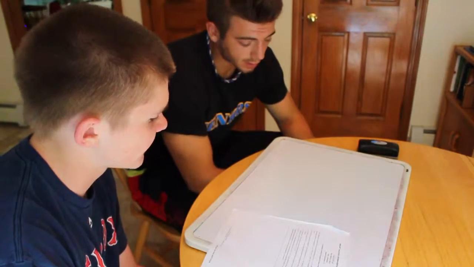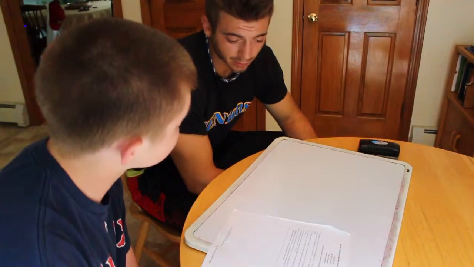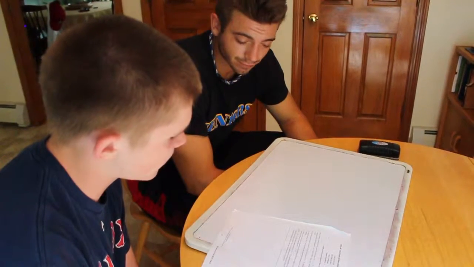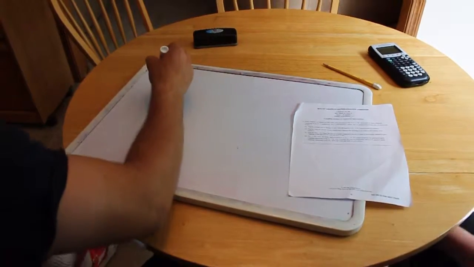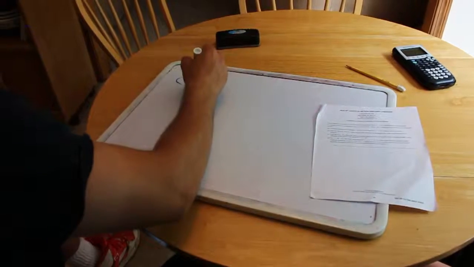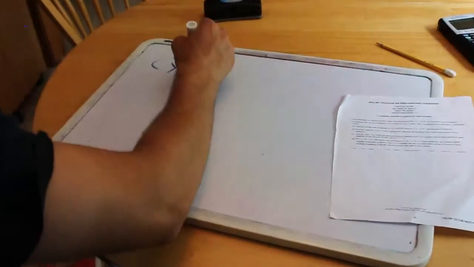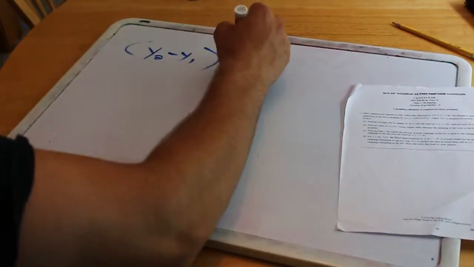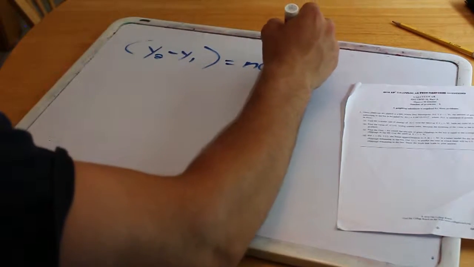Alright, so the concept for this problem is going to be linear approximation. So for this, Mike, we're going to be using the point slope formula, which is y minus y1 equals m times x minus x1.